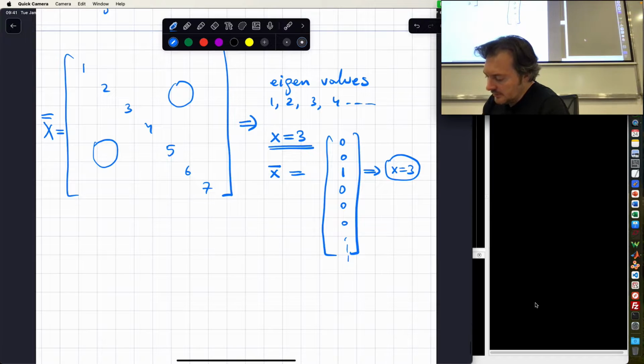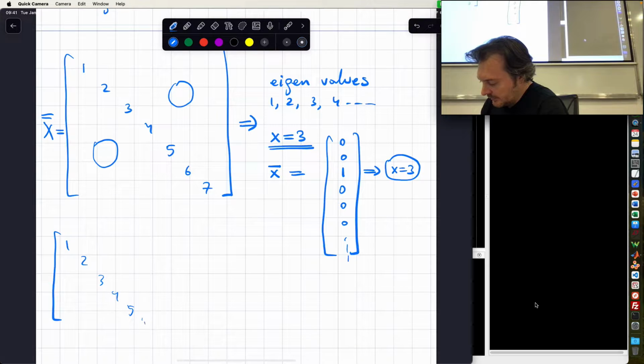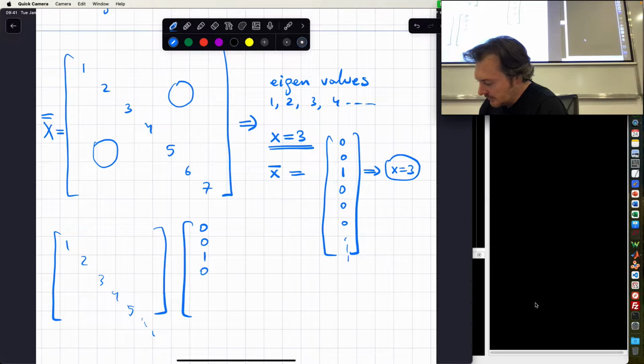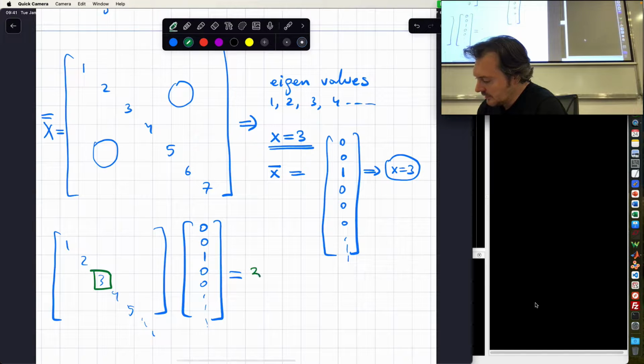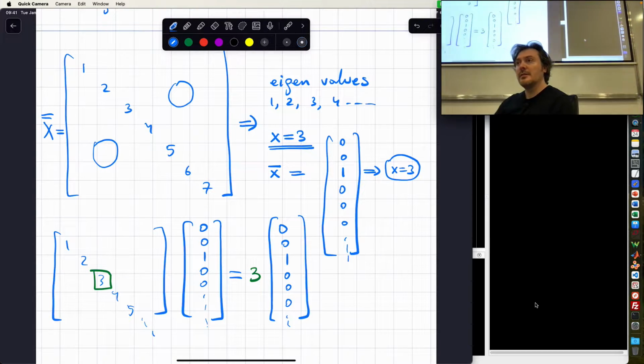Because you can multiply this matrix 1, 2, 3, 4, 5, etc. with this vector 0, 0, 1, 0, 0, dot, dot, dot. And what are you going to get? You are going to get only this value, right? So you are going to get 3 times 0, 0, 1, 0, 0, 0, dot, dot, dot. Do you see it? Everybody can see it? So the matrix X is represented by this.